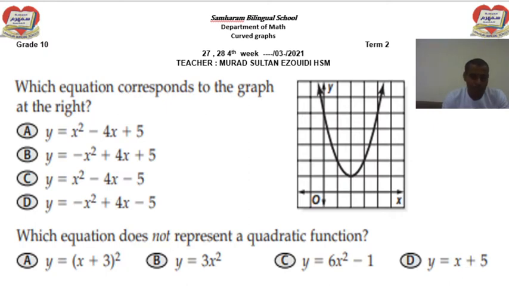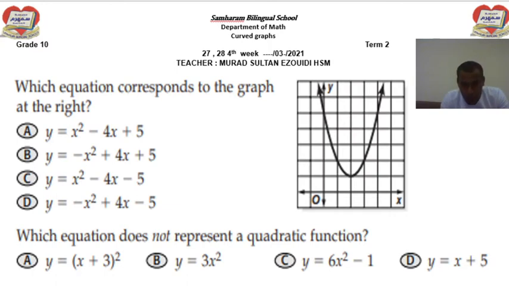Look, when x equals 0, y equals 5. This is x, this is 0, this is y. When x equals 1, for example, 1 squared minus 4 multiplied by 1 is minus 3, plus 5 is 2.